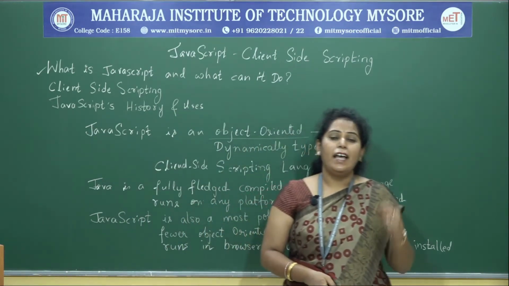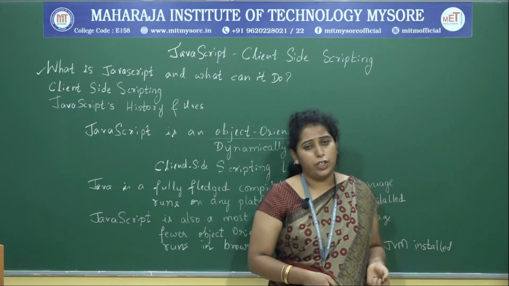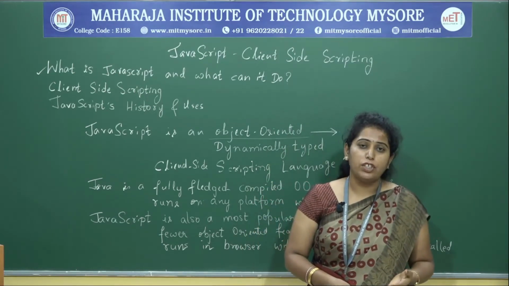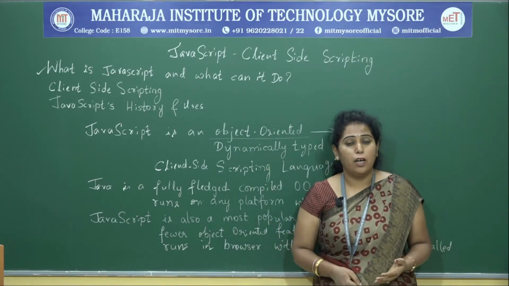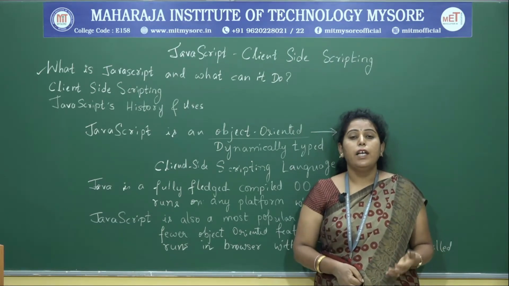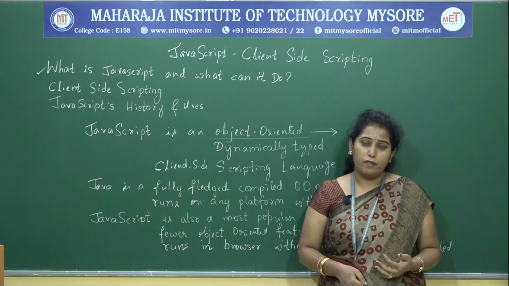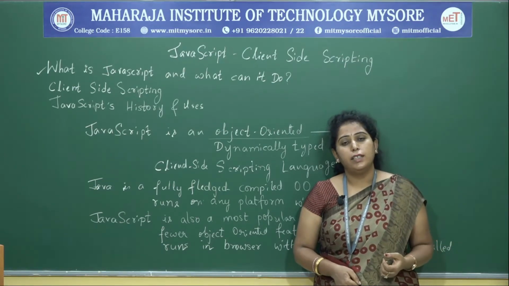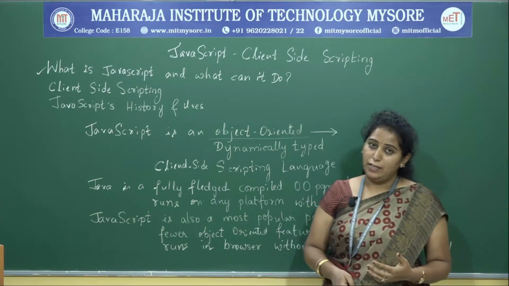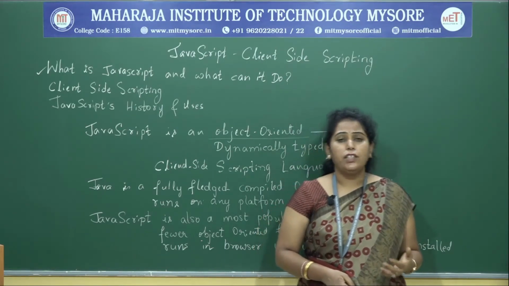Here, everything in the language is named an object. I mean to say, if you declare some variable in the language, those variables are also named objects. For example, if you have constructors or any methods within the language, those things are all considered objects. That is why JavaScript is named an object-oriented language.